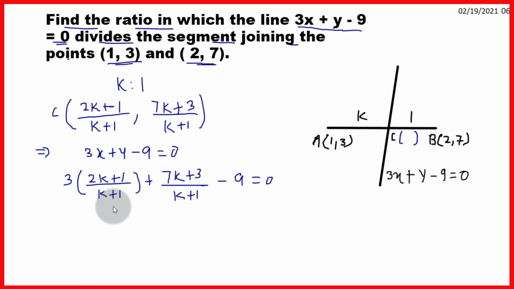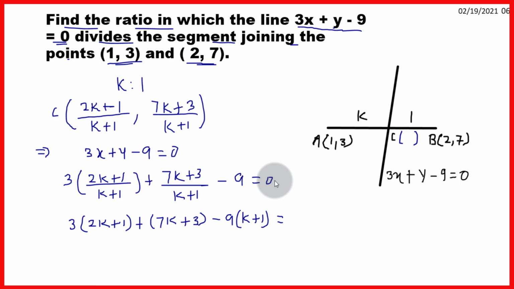So we can solve this as follows. Since k + 1 is a common denominator, multiply by k + 1 throughout the equation, so you will get 3 into (2k + 1), plus (7k + 3), minus 9 into (k + 1), and if you multiply 0 by k + 1 it will be 0 only.